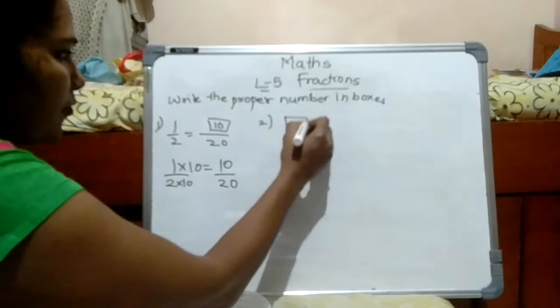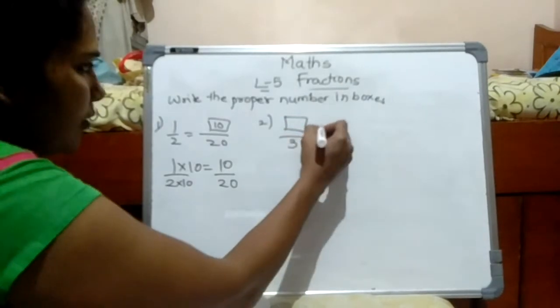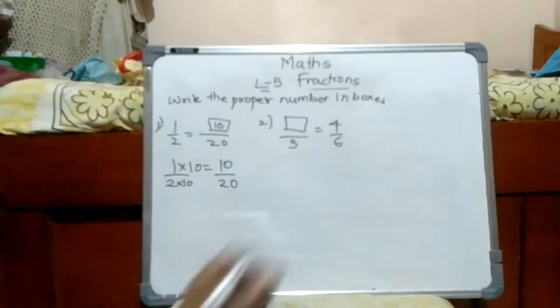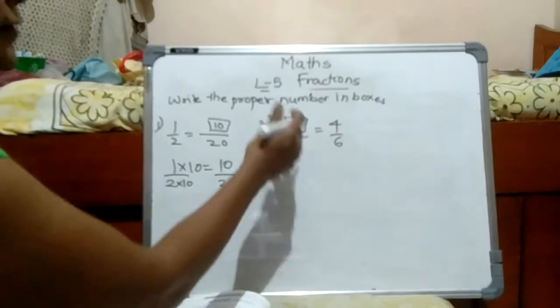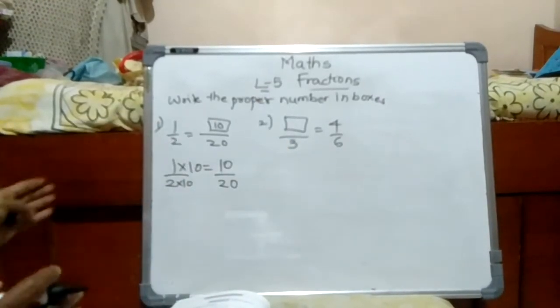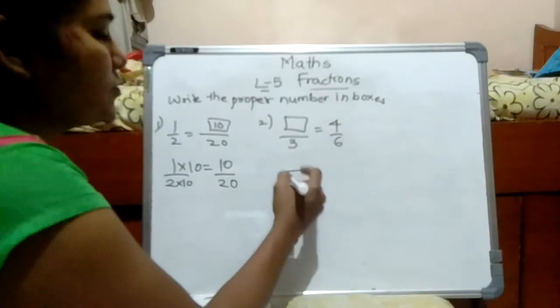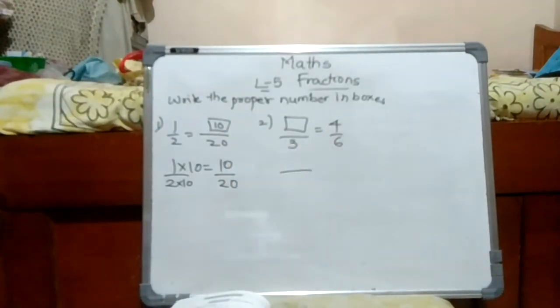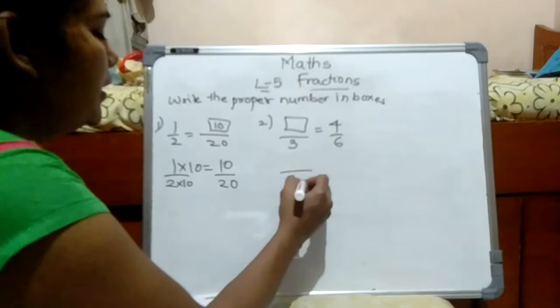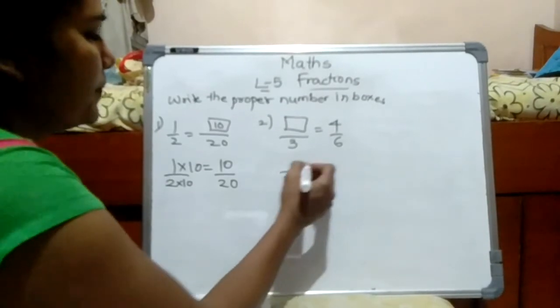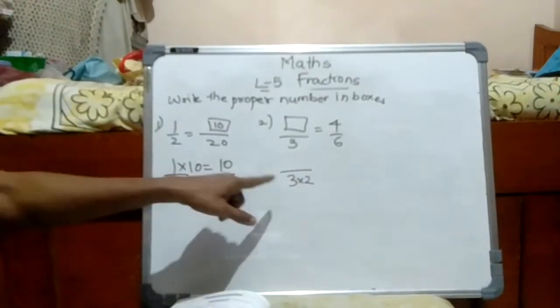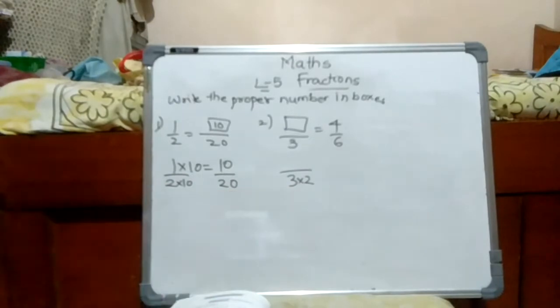We'll take another example. Box upon 3 equals 4 upon 6. Now here the box is on the other side of the number. Now 6 is there. So we know how the 6 comes: 3 into 2 is 6.